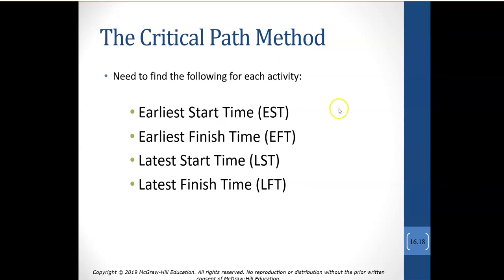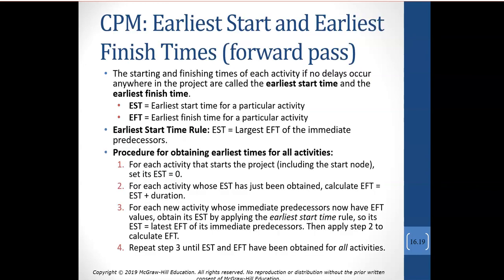So you can see here are those abbreviations that we're using in our Excel worksheet. And what this is going to allow us to do is identify those activities on the critical path that have to stay on schedule, or they will affect the completion of other activities. So let's define these. When we're looking at earliest start time and earliest finish times, we can also view that as a forward pass, meaning the activity that is the successor can't start until the predecessor finishes.